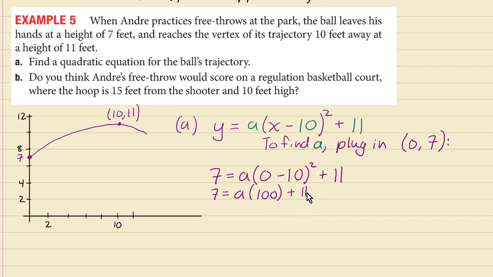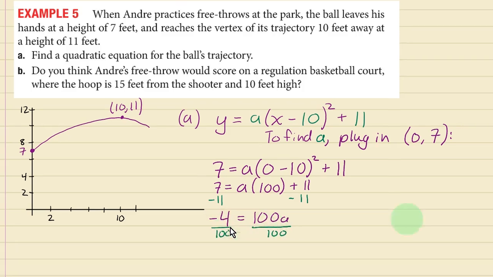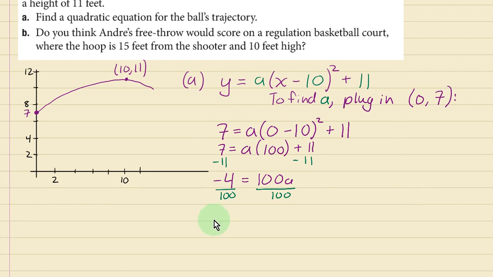So we can just solve this equation for a the normal way. You can subtract 11 from both sides to get negative 4 equals 100 times a, and then divide both sides by 100. And that will give you negative 0.04 equals a.